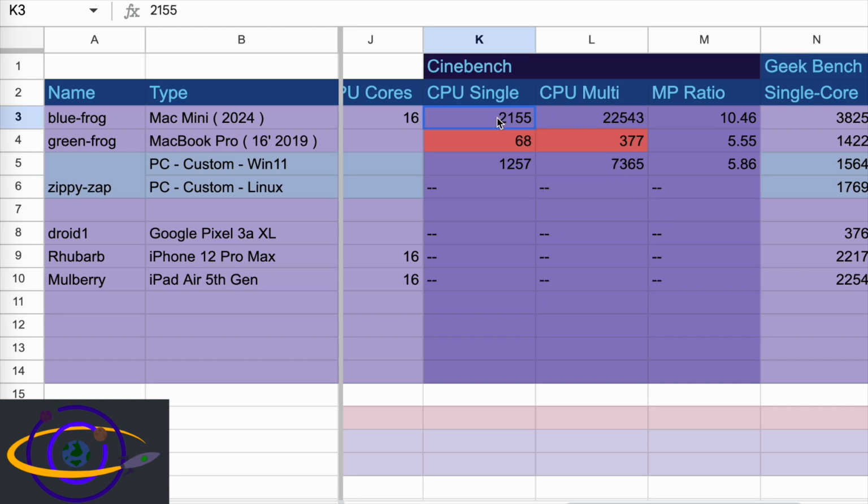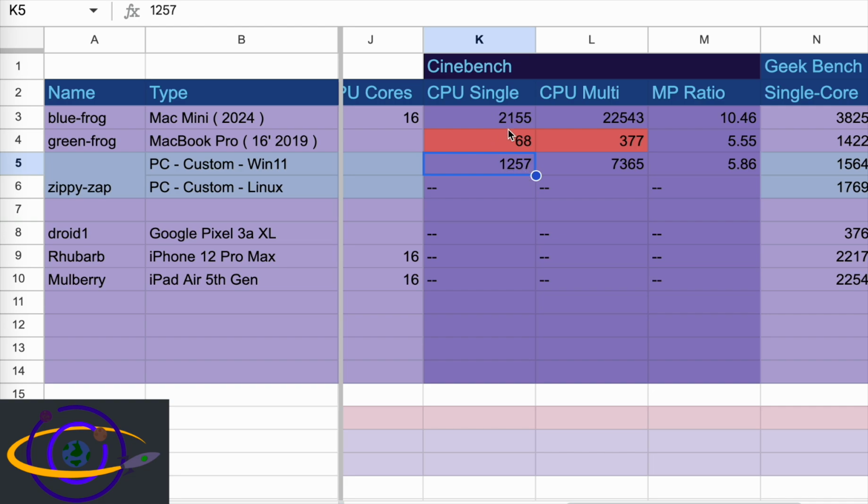So in any case, single core usage on the Mac Mini gave us a 2,155, and compare that to the MacBook Pro, which was just 68. Now that's a huge difference. And if you even compare it against the custom PC with an i7, that's a 1,257.